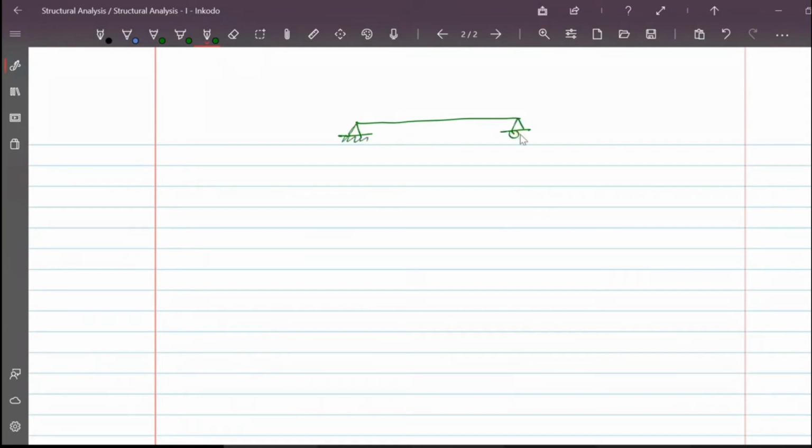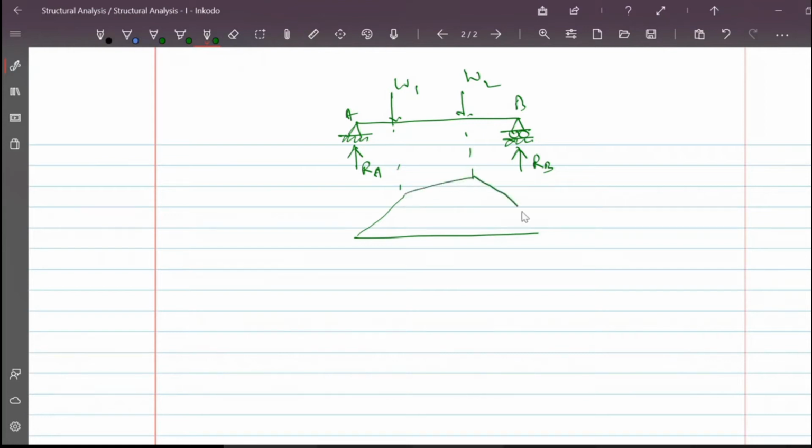Here I have W1, W2, A, B, and RA, RB. The free bending moment diagram was, let us say, like this.